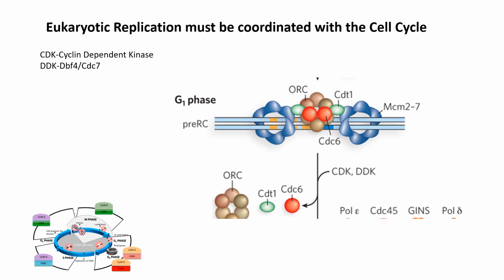Well, let's see. Here I've marked that 2 of them are shown right here. This is actually in the activation phase, right? Because we have our pre-replication complex up here, and we talked about how CDK and DDK are involved in dissociating these 2 proteins and allowing the assembly of a pre-initiation complex. So CDK and DDK are involved in activation.